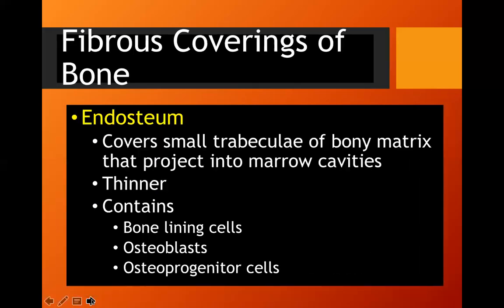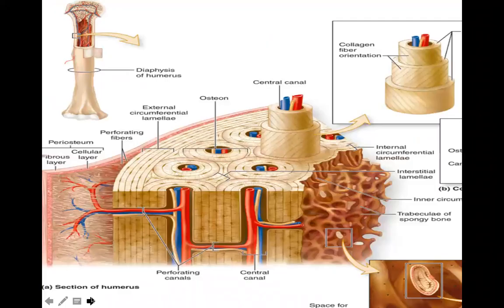So what am I talking about? Let's see in the illustration here. The periosteum here has an inner and outer layer. The outer layer is composed of this area, your perforating fibers or your Sharpey's fibers, and that binds the periosteum, that's the outer layer, and the bone itself.